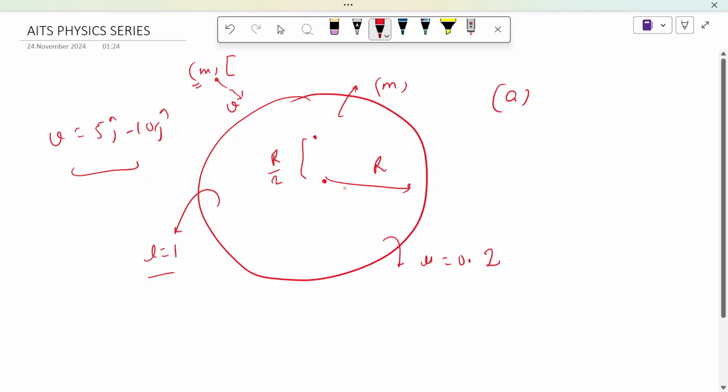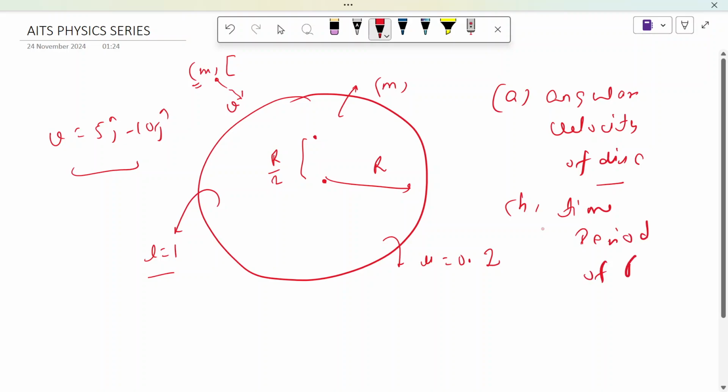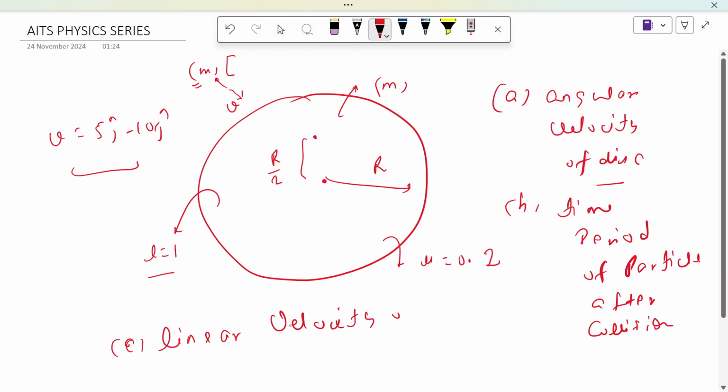We have to calculate the angular velocity of the disk after the collision, the time period of the particle after collision, and the linear velocity of the disk. These three things you have to calculate.